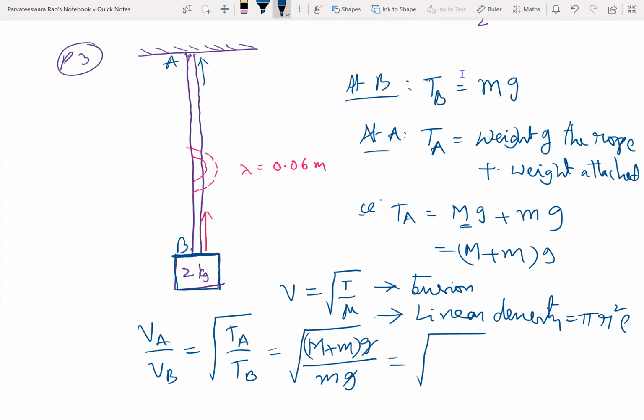So the ratio of velocities is root of capital M plus small m by small m. And you know very well, v is equal to nu lambda. Nu will remain constant. Therefore, v varies directly as lambda, means I can write it as lambda A by lambda B.